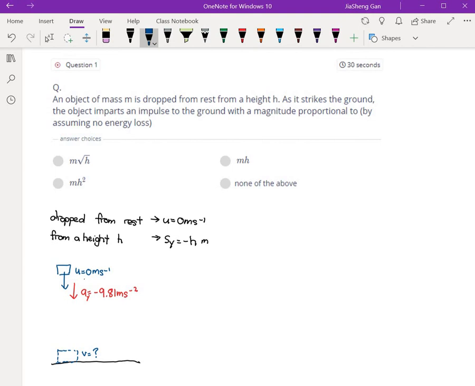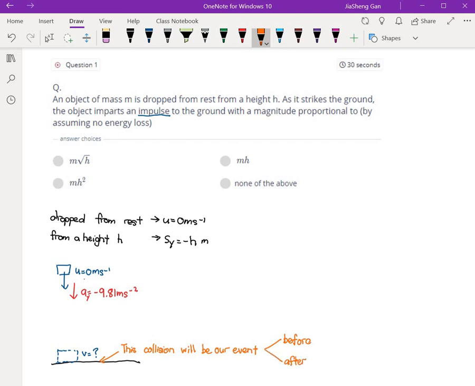ground. But this question talks about impulse. If we talk about impulse, this collision will be our event. As I said before, you need to look at the before the event and the after the event.